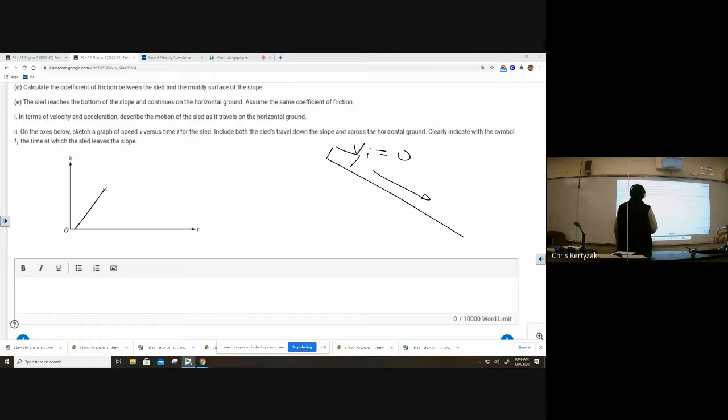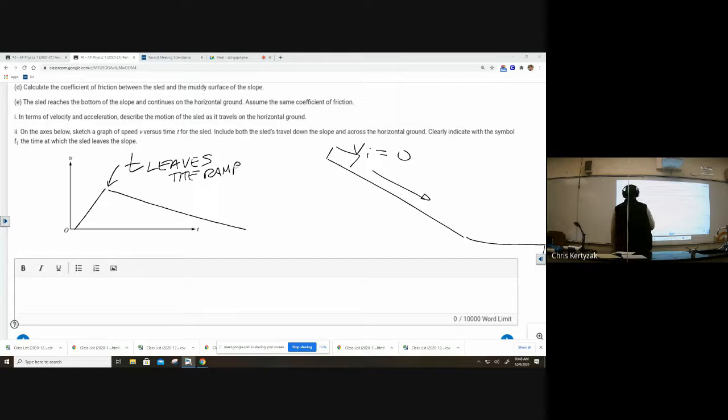The moment that you hit the bottom part here, the velocity would actually start decreasing in a linear fashion, probably not quite at the same rate that it was increasing on this side. And this would be what they asked us to mark TL, the time where it leaves the ramp.